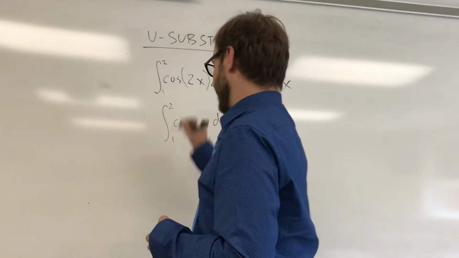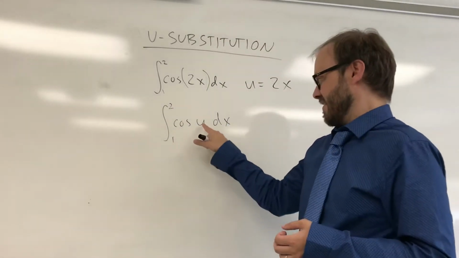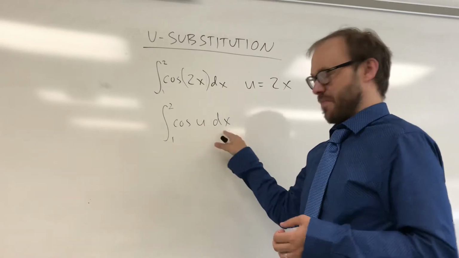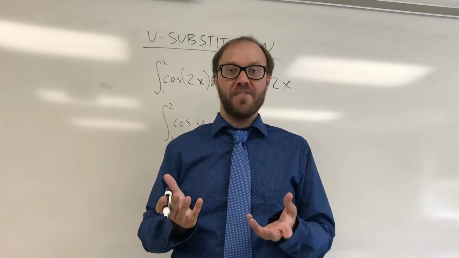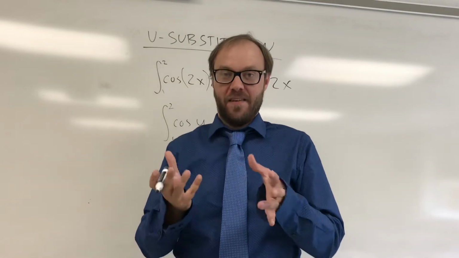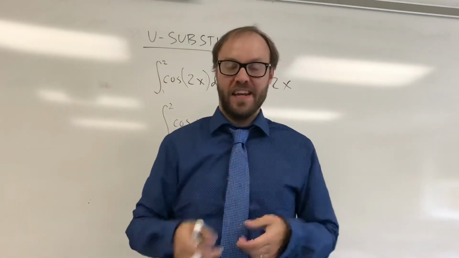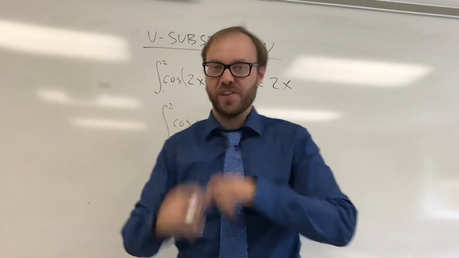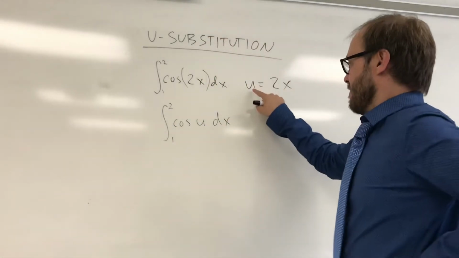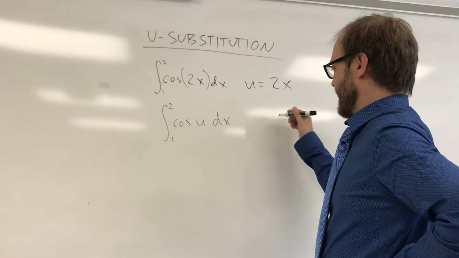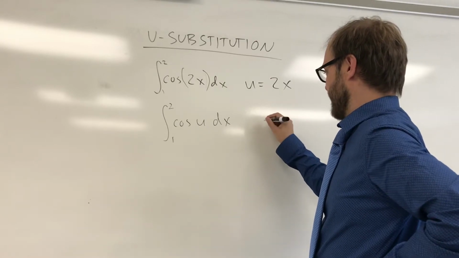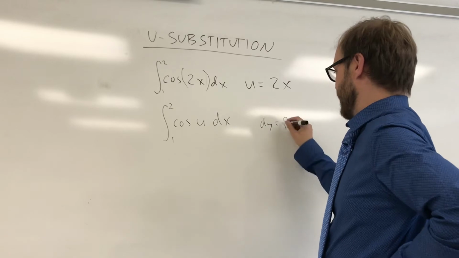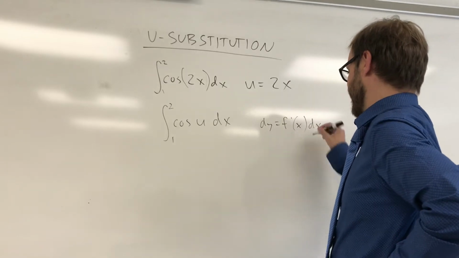Now, I can't just take the integral here because this is a U variable and my integral is still with respect to x, okay? So what you have to do is you need to get this to be with respect to U. You basically need a du statement. And here's where it's going to come from. Remember from earlier in the year we had this idea that dy is equal to the derivative times dx, okay?